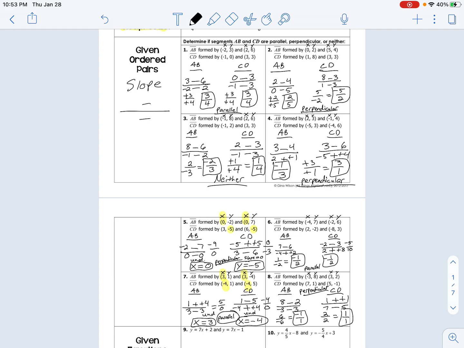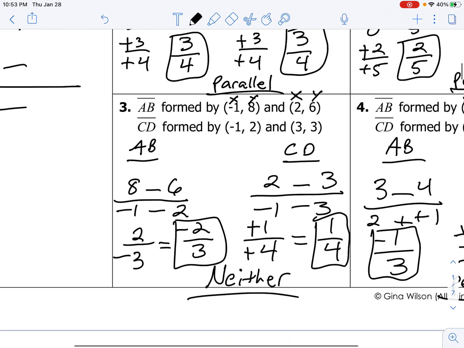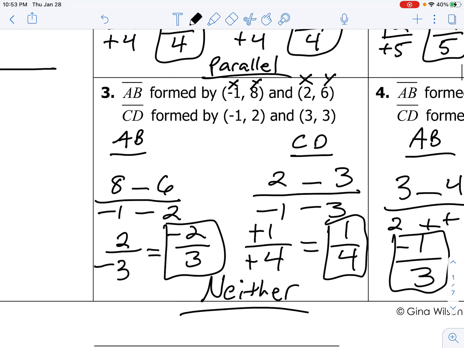And again, you can have a neither by looking at number 3. On number 3, this is the one problem where we actually had a neither. We dropped the Y's down on top on the first one, 8 and 6. The X's on the bottom, -1 and 2. We got 2 over -3. Negative moved to the top, it's -2 over 3. And then we went to the second one.